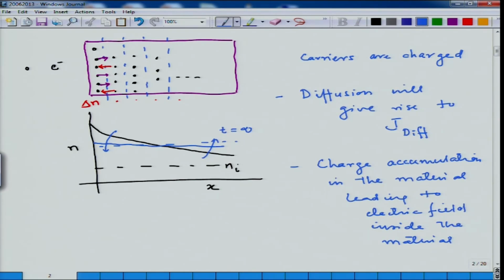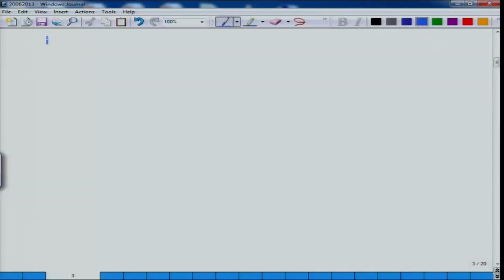So, diffusion in that sense is extremely important for semiconductor devices. Now, let us look at how we deal with this process, or how we would account for it mathematically. So, what is the mathematical model for diffusion current?